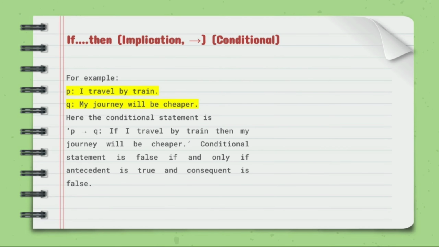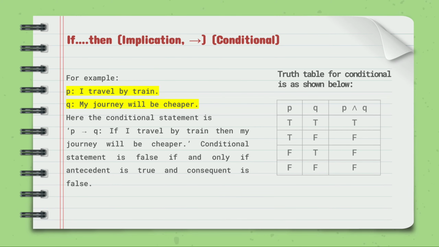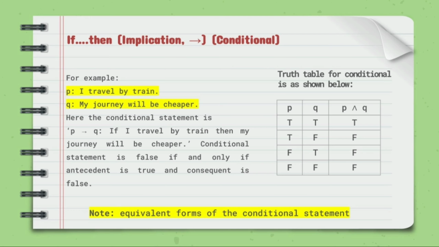Here the conditional statement is P implication Q. In essence, if I travel by train, then my journey will be cheaper. A conditional statement is false if and only if antecedent is true and consequent is false. Truth table for conditional is as shown below.